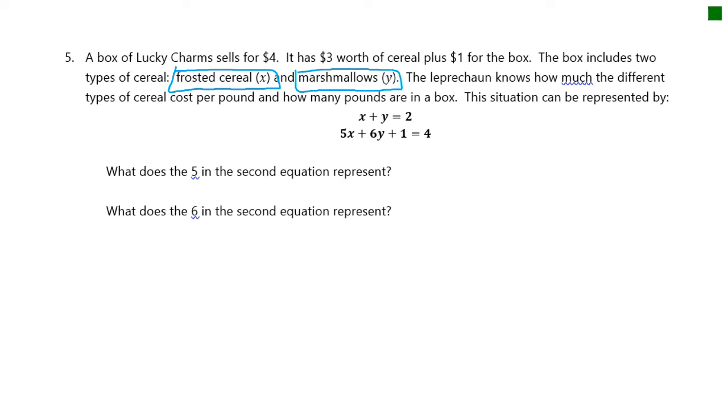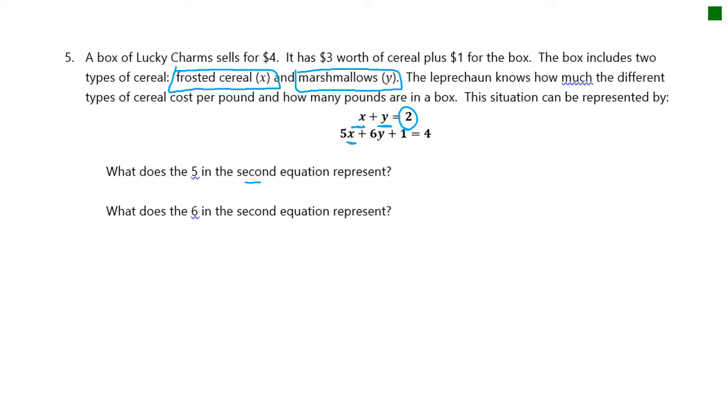Obviously, if you have one box of frosted and one box of marshmallow, how many boxes of cereal do you have? 2. So they ask what does the 5 in the second equation represent? Well, 5 is with the x. We know x means frosted cereal. So that 5 just represents how many boxes of frosted cereal we're going to have. 5.